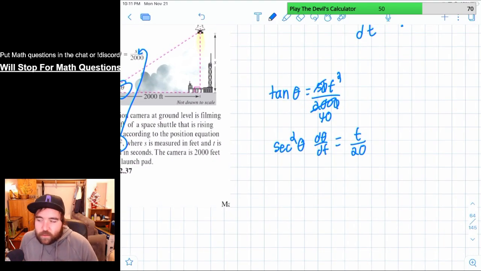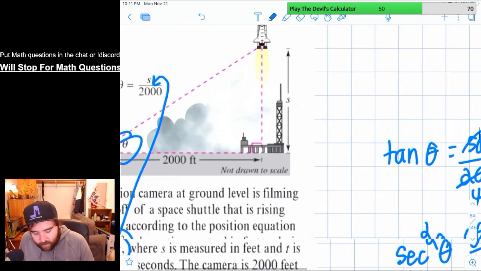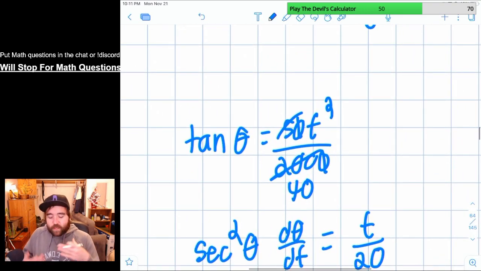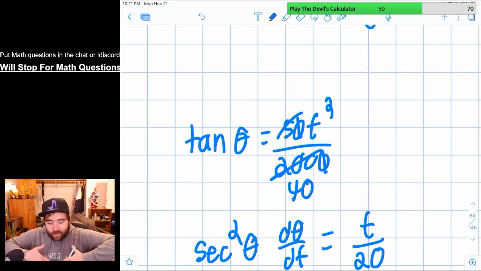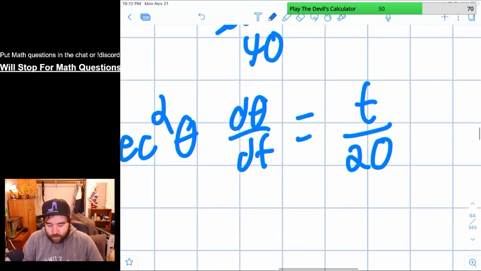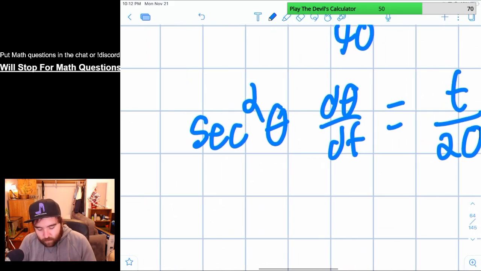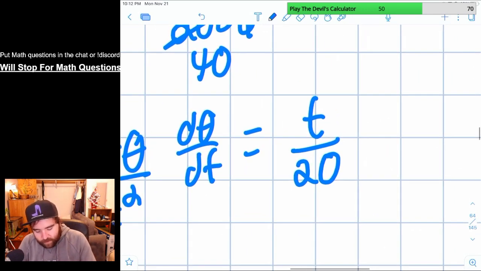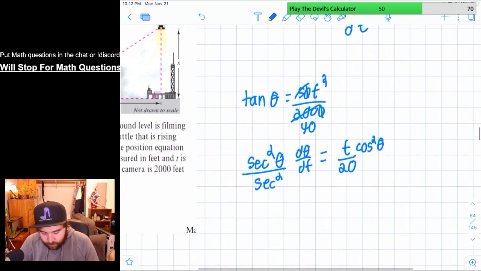So you can do that substitution beforehand because your s is a function of t, and then you don't have the dt/dt because that's just 1. So now, to solve for d theta/dt, we just divide both sides by secant squared, which is also the same as multiplying both sides by cosine squared of theta.